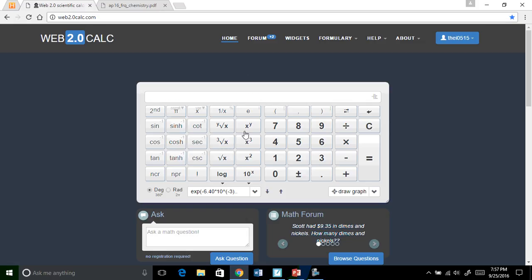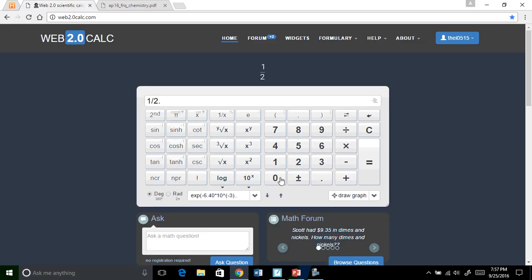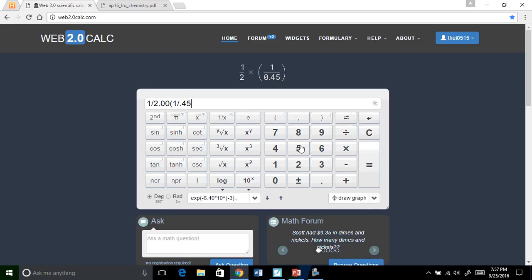I'm going to go 1 divided by 2.00 times 1 divided by 0.450 minus 1 divided by 0.900, and then close the parentheses. You can see it up here.